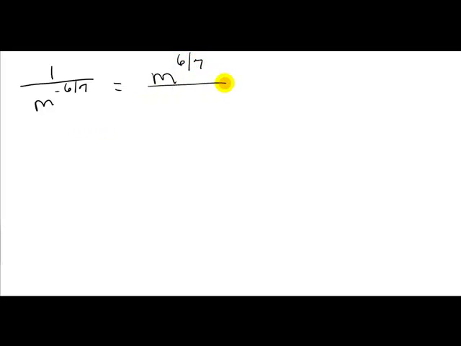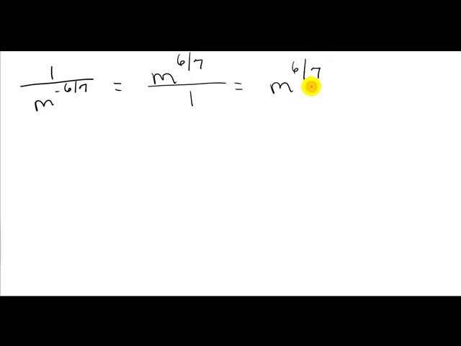I put this line here to emphasize this is going from the denominator to the numerator, but I don't have anything in there. If we flipped this down, I'd have a 1. And so I can go ahead and simplify that, where this is going to be just m to the 6/7.